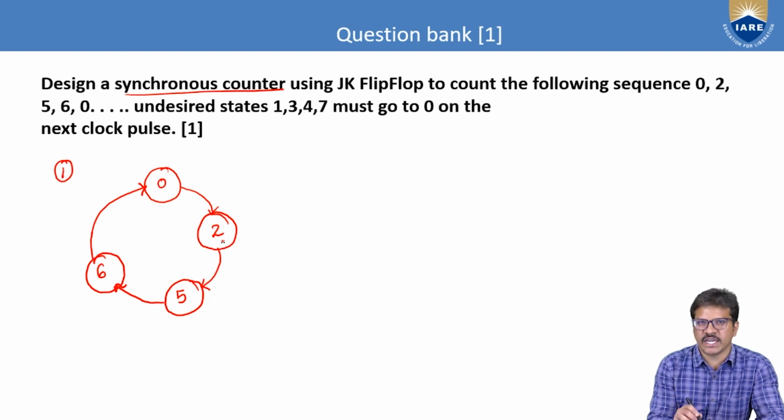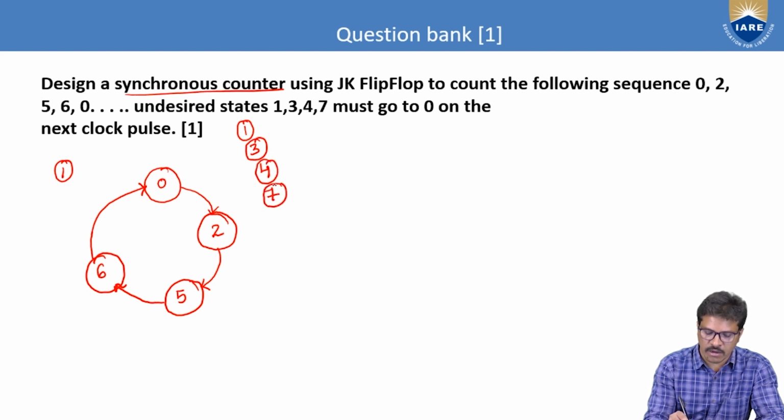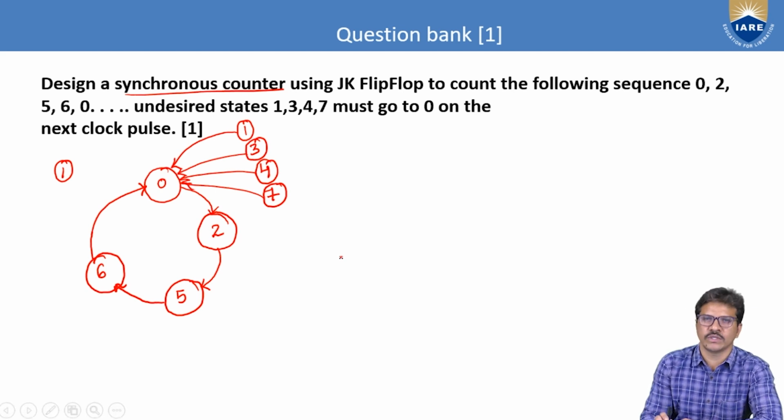Also, there are some undesired states: if any of these states occurs in the circuit, it must go to 0. State 1, state 3, state 4, state 7 are all undesired states and go directly to state 0.